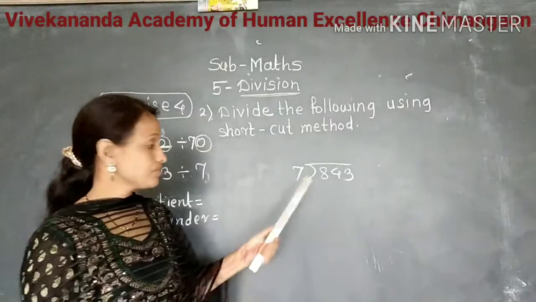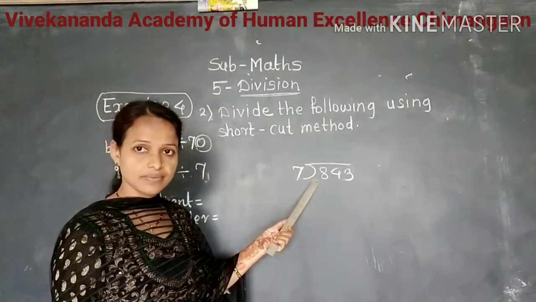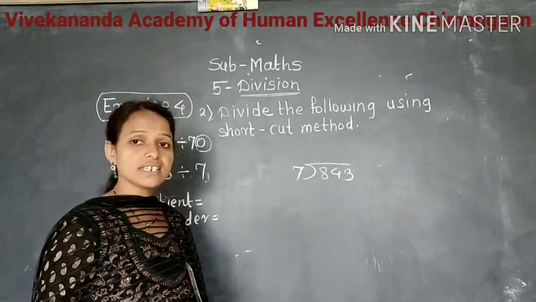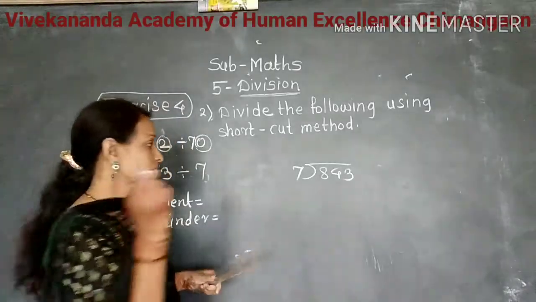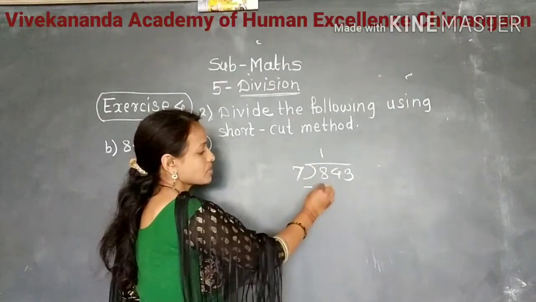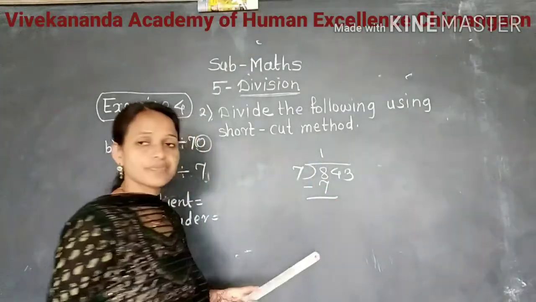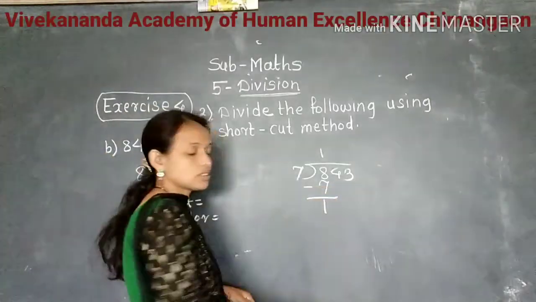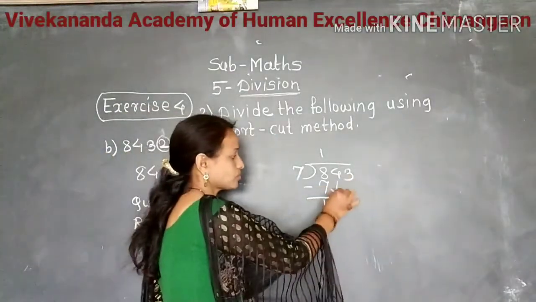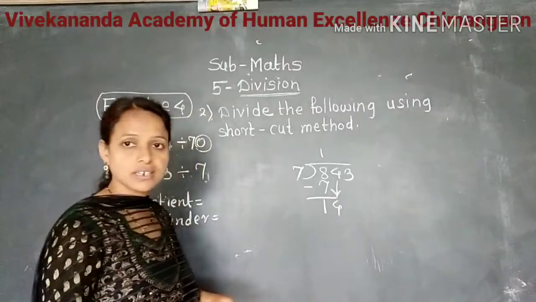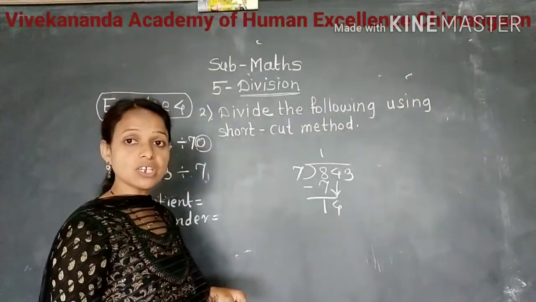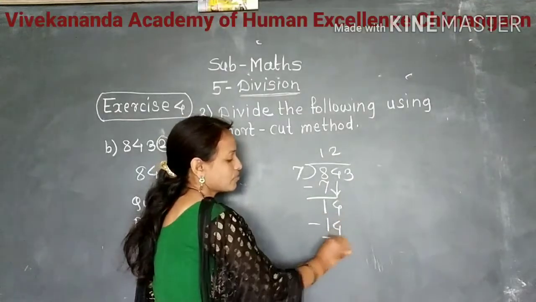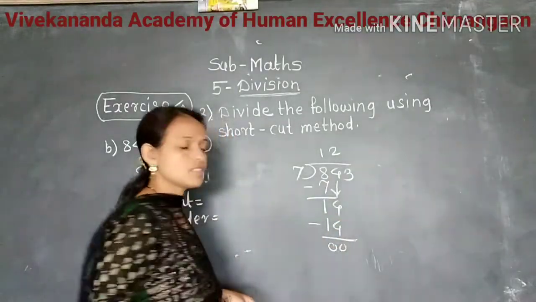First we divide 8. Now 8 is not a multiple of 7, so less than it is 7. 7 ones are 7. 8 minus 7 is 1. Next digit 4, so 14. 7 twos are 14. 14 minus 14 is 0.